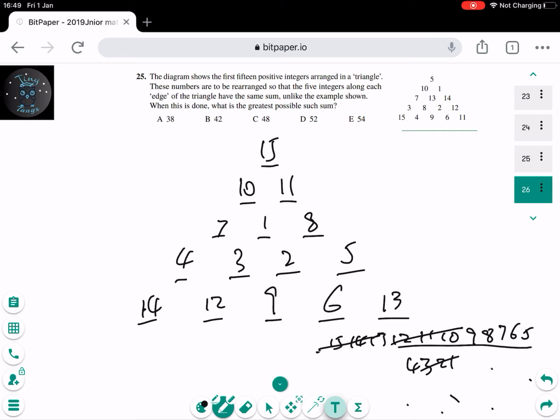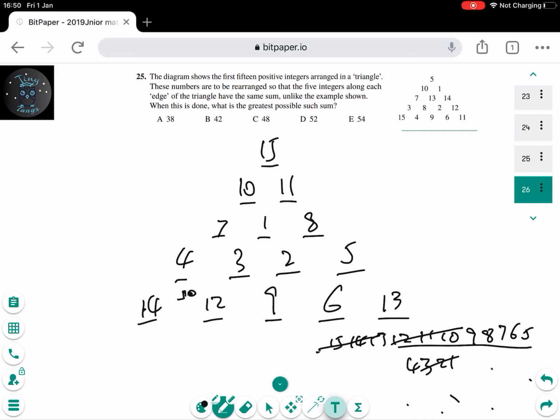So 15 plus 10 equals 25, and 25 plus 7 equals 32, and 32 plus 18 equals 50. So that makes 50.